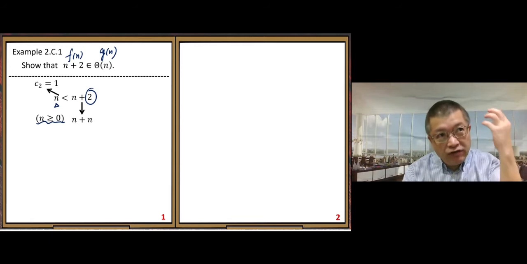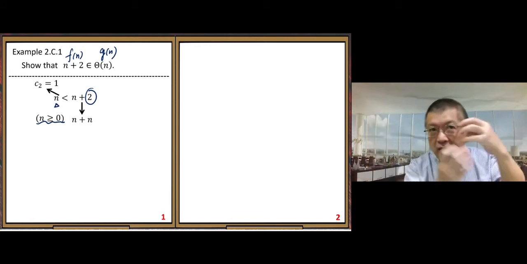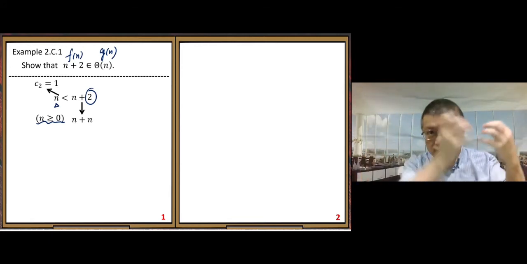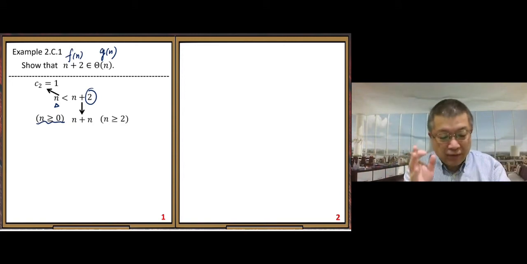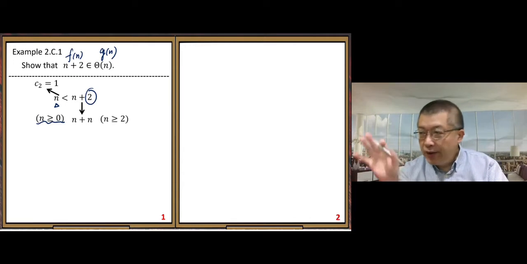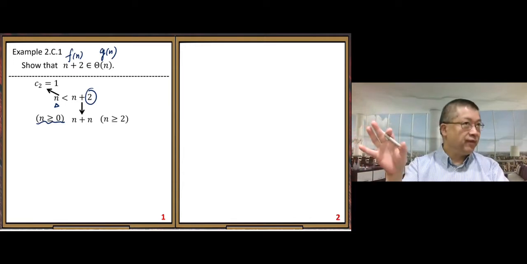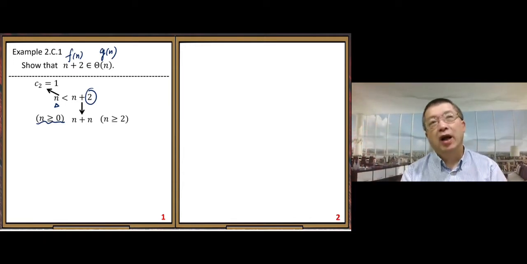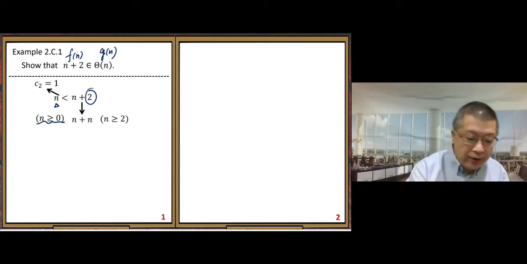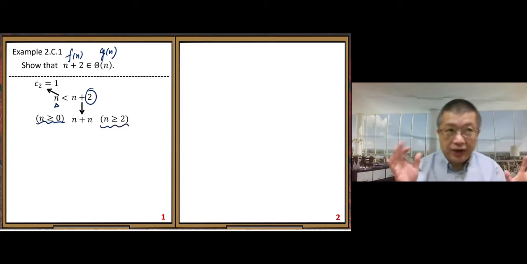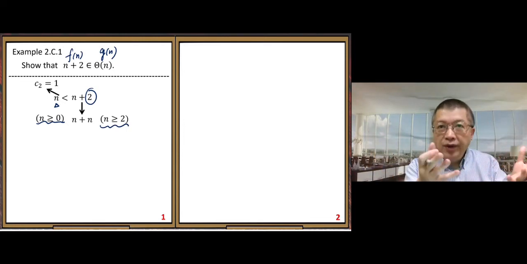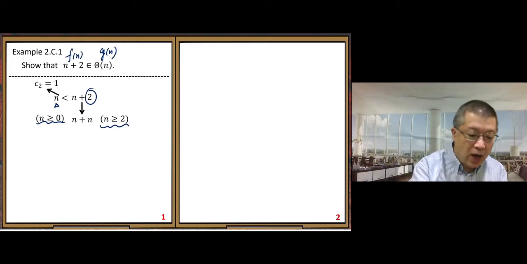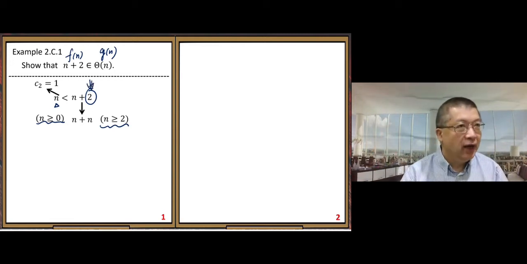We change from 2 to n. Can we make the value larger? Most of the time we can, but if we put the condition n greater or equal to 2, then we have no problem. Under the condition n greater or equal to 2, n is always greater or equal to the constant term here. That's what we need.